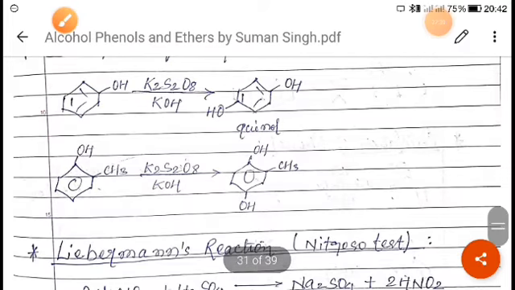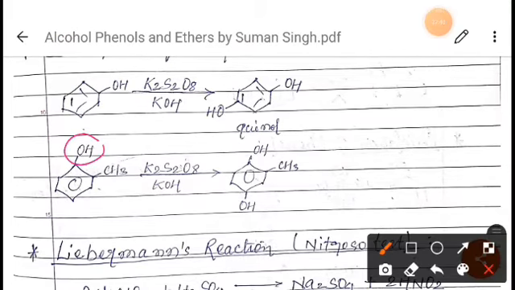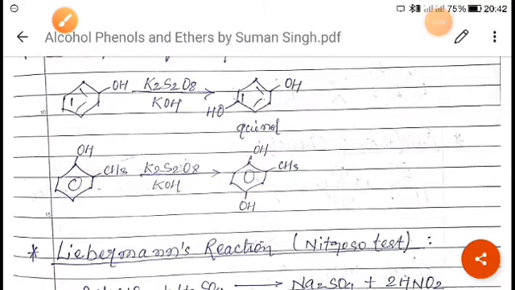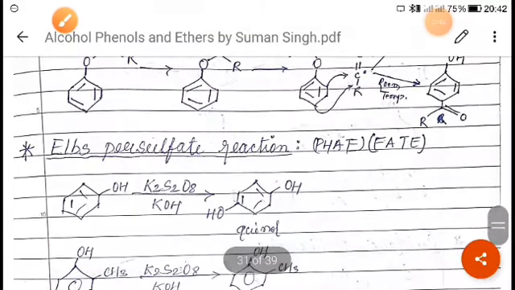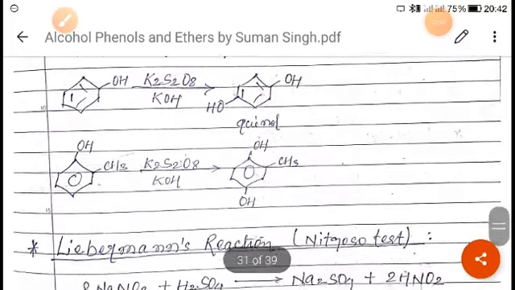So one more example: as you can see, here the OH is here, so in the product an OH will come here, right, and CH3 will remain as it is. So this type of reaction is called what? This is called the Elbs persulfate reaction.